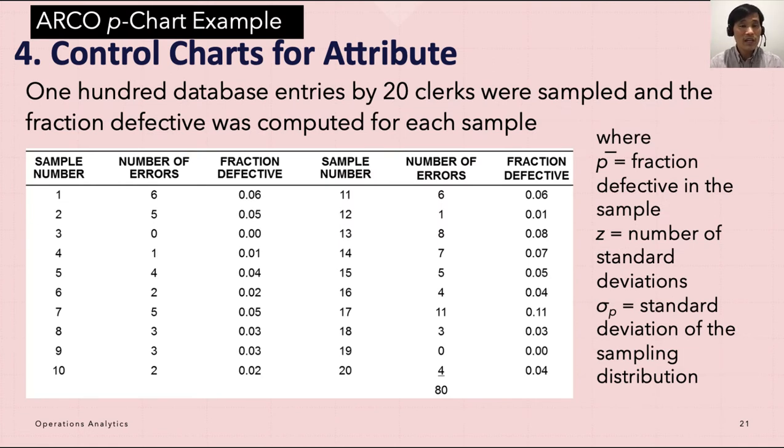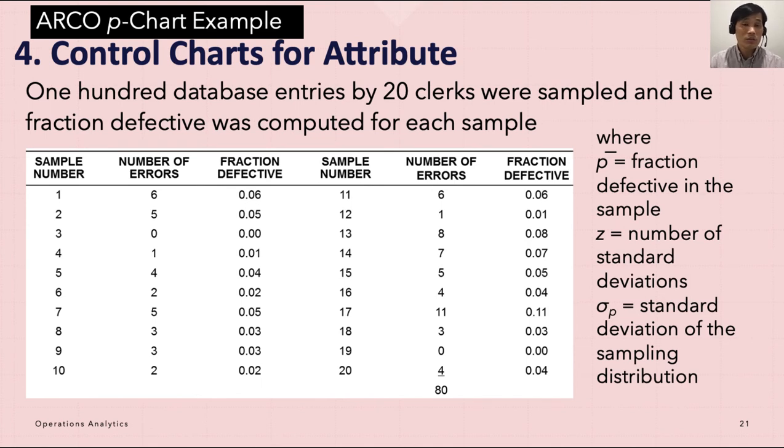Control chart for attributes. So here is the control chart that you want to use, and we want to calculate how we can find the upper control limit and lower control limit for this case. As you can see, you have sample numbers 1 to 10, 11 to 20, and the number of errors are given here, and you want to calculate fraction defective. If you look at the textbook, the sample size is 100.